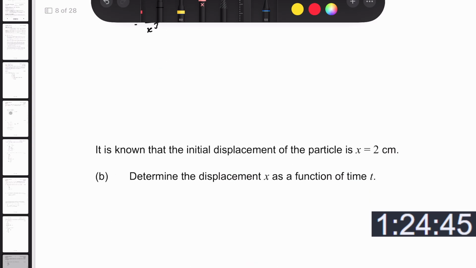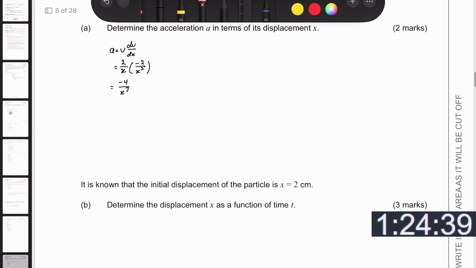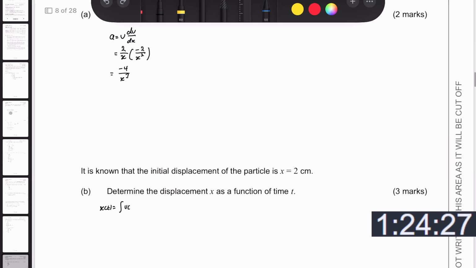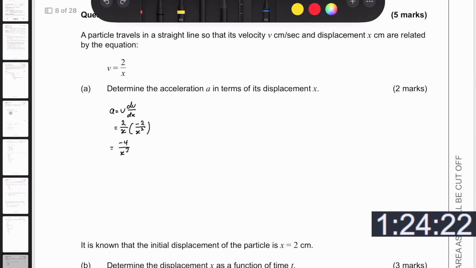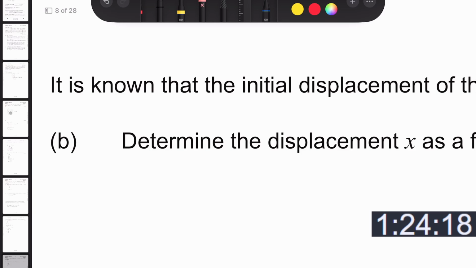It is known that the initial displacement of the particle is x equals 2. Determine the displacement x as a function of time. So x of t is going to be antiderivative of... Oh wait, no. This is minus 2 over x.